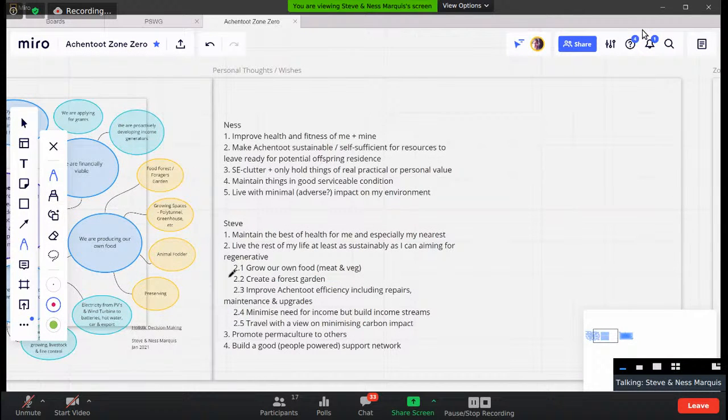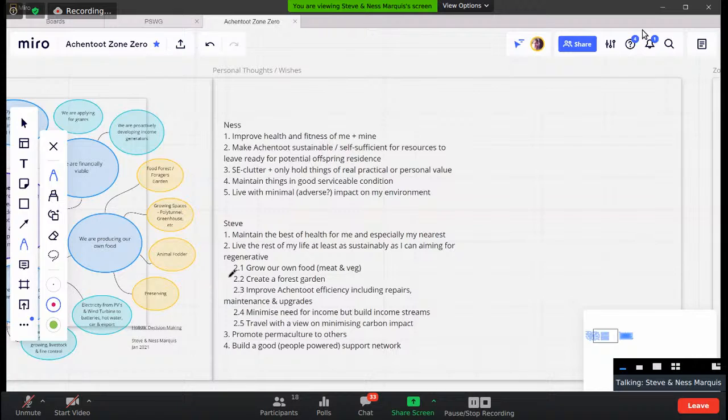But in essence, it was maintaining our health and fitness, making Akantut, which is where we live here, sustainable and self-sufficient for resources, and for resources to leave ready for potential offspring residents. We're of an age when, well, I've got a grandchild, children have gone and left us, so we're empty nesters, if you like, but we're thinking about making this place something for someone in the future, if you like.